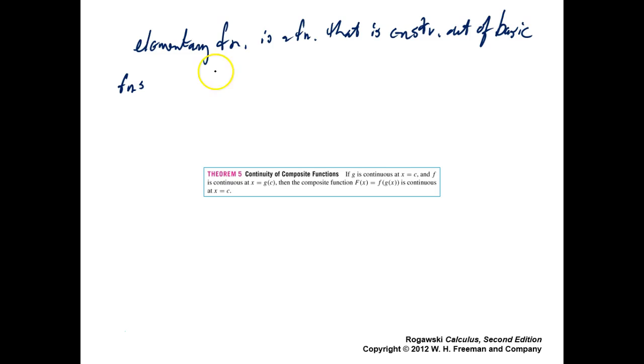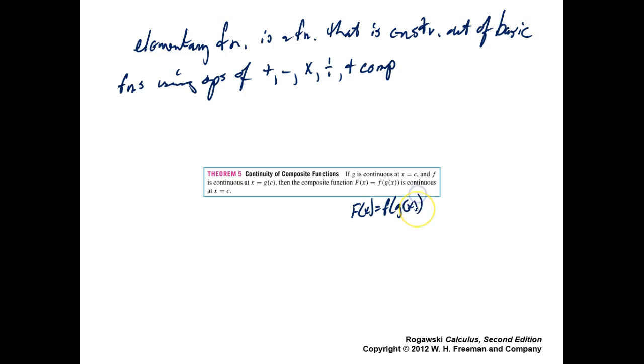Using the operations of addition, subtraction, multiplication, and division. Oh, and composition. What's the symbol for composition? Anyone know? We showed it down here that capital F of x is equal to f of g of x, and that's certainly one way to write it.